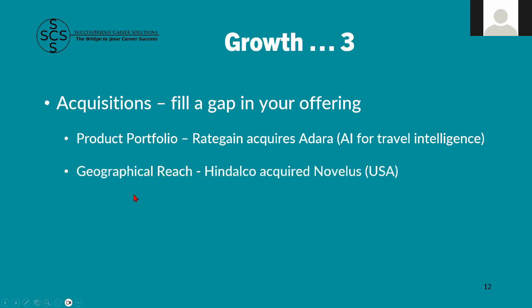Another example of acquisition is Hindalco. Hindalco is the aluminum and copper manufacturer in India. It's a Birla company, and they acquired Novelis in the US. This was a few years ago. It's an interesting company.